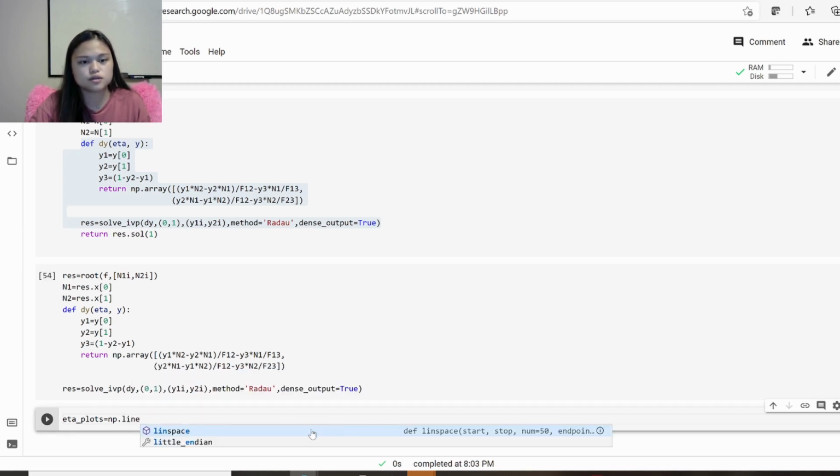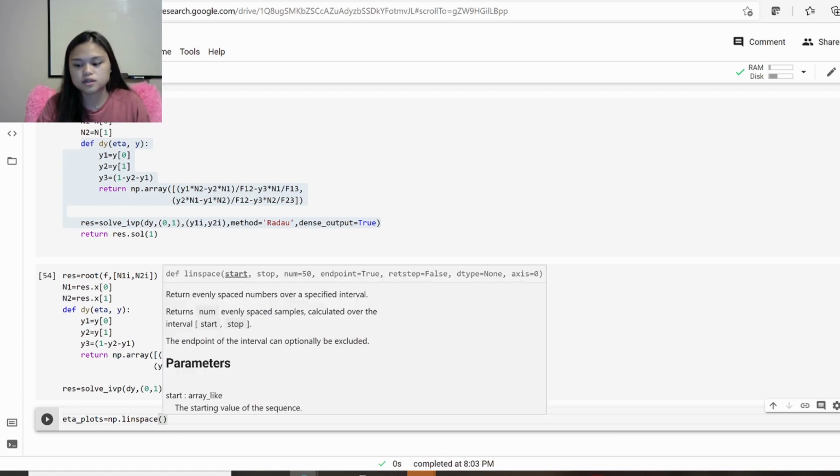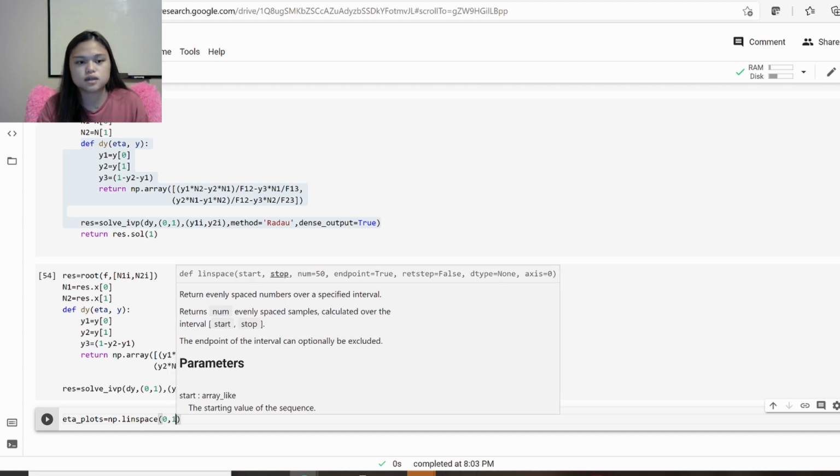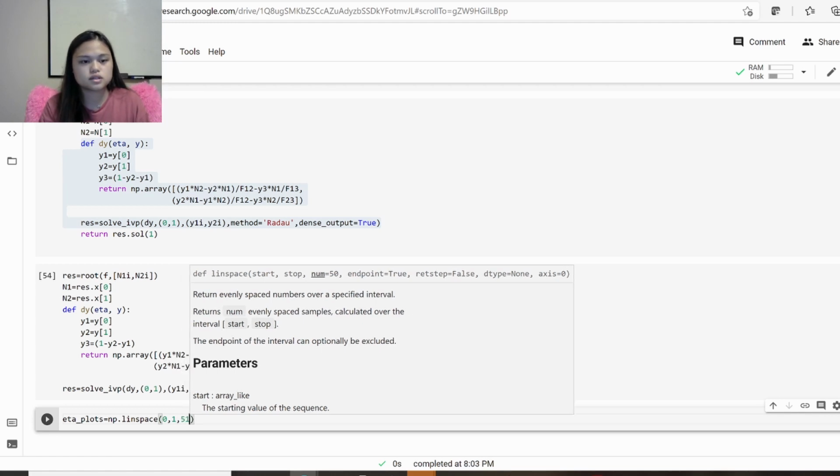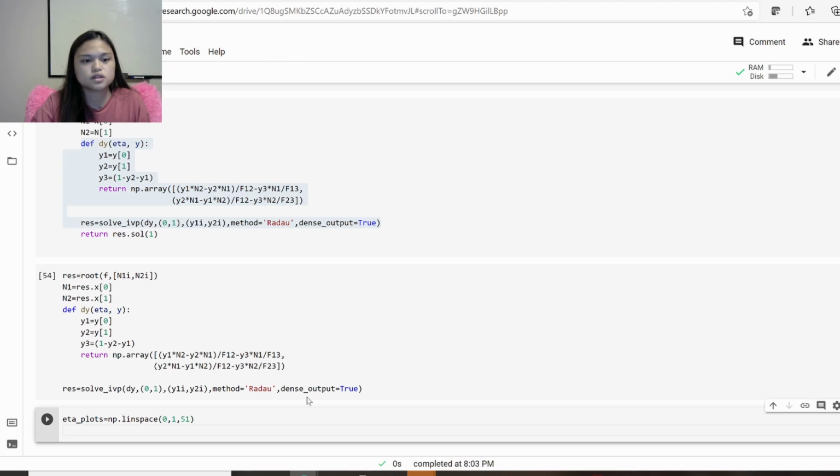So then we can get those increments for what we want to use for the plot. So I want it to go from 0 to 1, obviously, because that's what eta is scaled by. And then let's just say we want 51 points. Or as it says here, the evenly spaced samples. So just our increments.